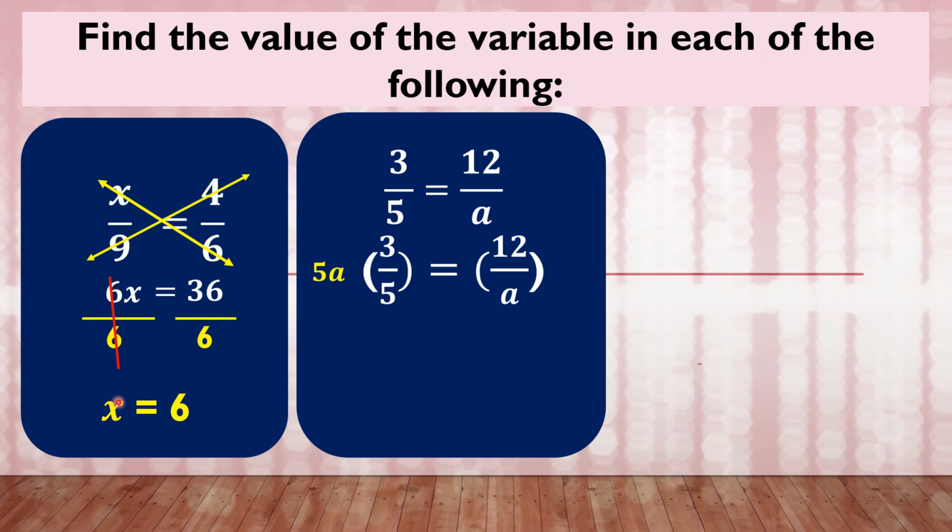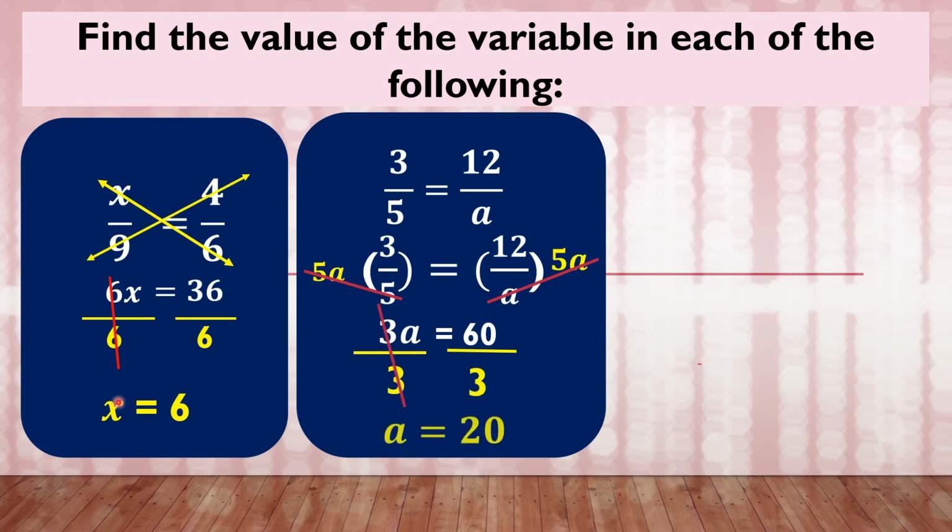But since they are used as denominators, tatawagin natin silang LCD. So, multiply both sides by 5A. So, na-cancel si 5, and then 3A na lang is equal to, na-cancel si A, 12 times 5 is equal to 60. Dividing both sides by 3, and so A is equal to 20.